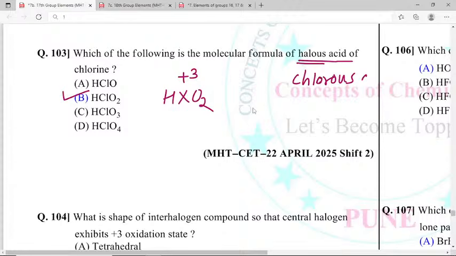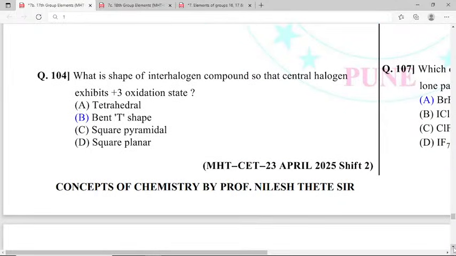The name has the suffix -ous, halous. The remaining are chlorous, hypochlorous, perchloric acid. Halic acid, perhalic in this way.